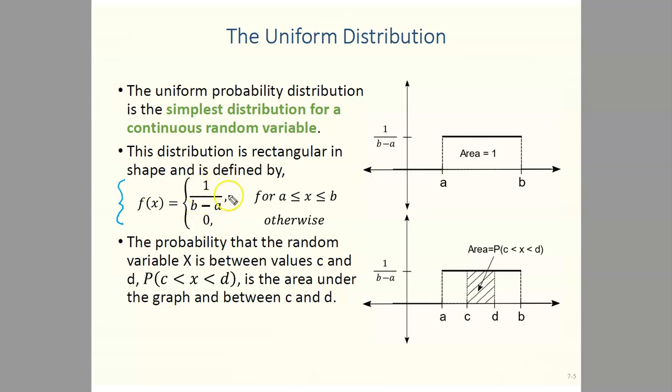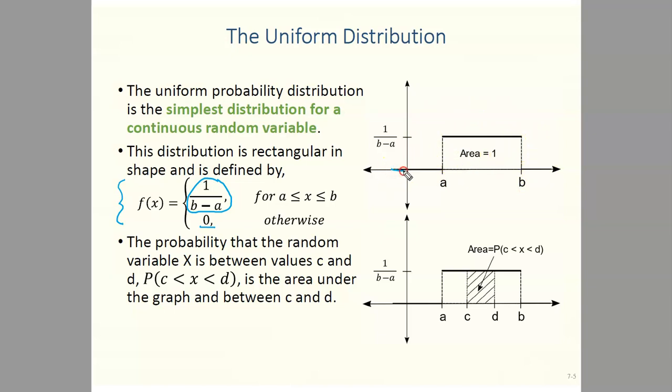We call this a piecewise defined function. And for x between the values a and b, the function f of x is simply equal to this constant, 1 over b minus a, and it's 0 otherwise for x less than a or greater than b. Now right here we have a graph of a typical uniform distribution function.